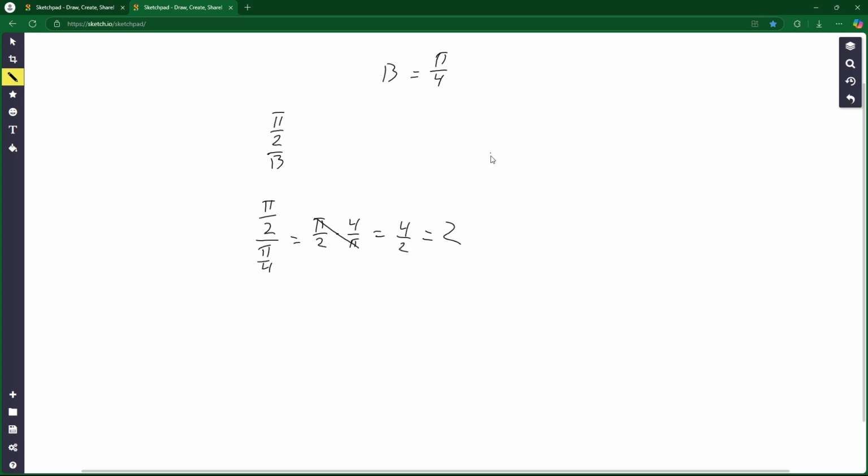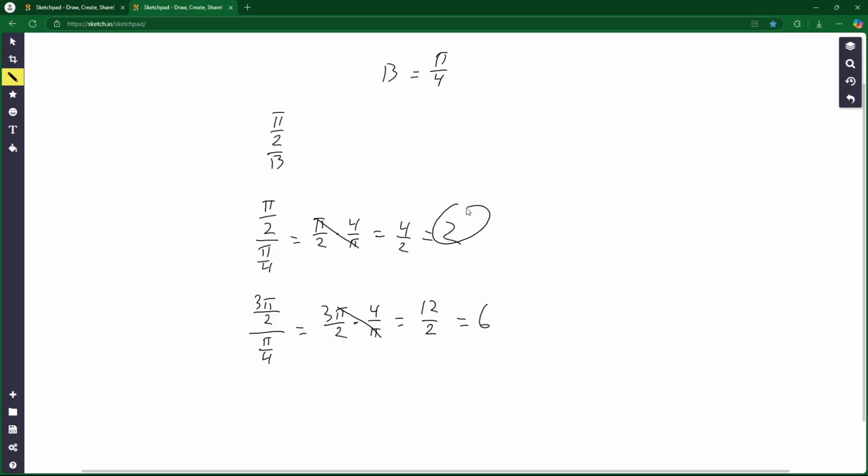And then our next one is going to be 3 pi over 2 divided by pi over 4. That is going to equal 3 pi over 2 multiplied by 4 over pi. Pi's cancel out, leaves you with 3 times 4 over 2, which is going to be 12 over 2, or 6.